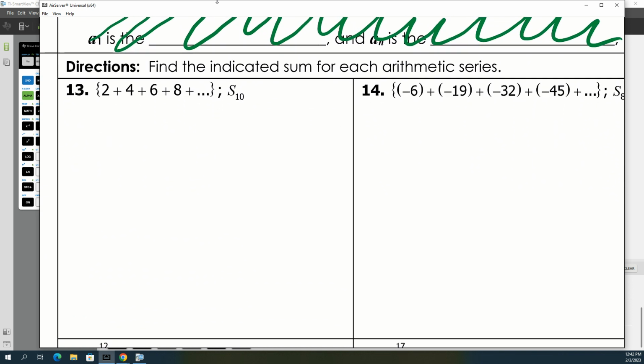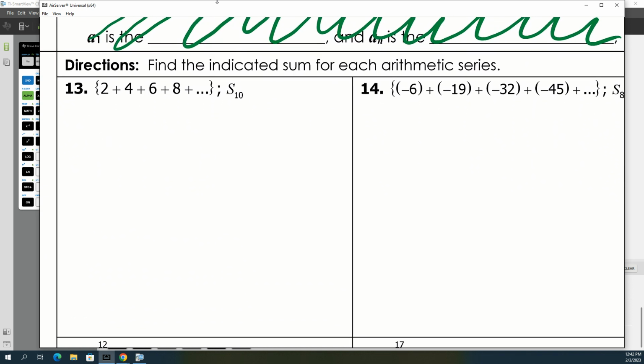Okay, so here we go. We're going to find S sub 10, which means that we're adding up the first 10 terms. So see if you guys can draw another summation. On the bottom, it needs to be n equals 1, and the top needs to match whatever is here, so the first 10 terms. Then we're going to do the same thing we've been doing this whole lesson.